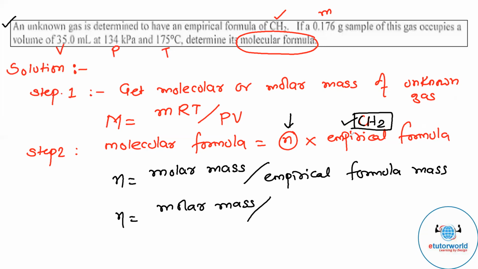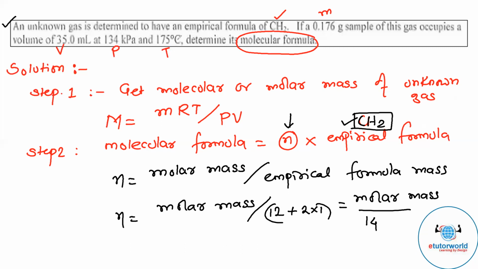In this empirical formula, we have two kinds of atoms: one is carbon and the other is hydrogen. What is the atomic mass of carbon? It's 12, right? What is the atomic mass of hydrogen? It's 1. But we have 2 hydrogen atoms, so 12 plus 2 is 14. You are getting this point, Aditi?